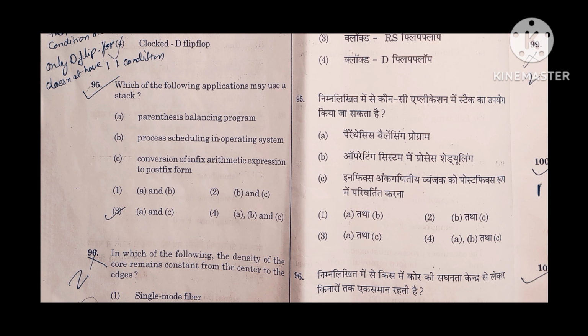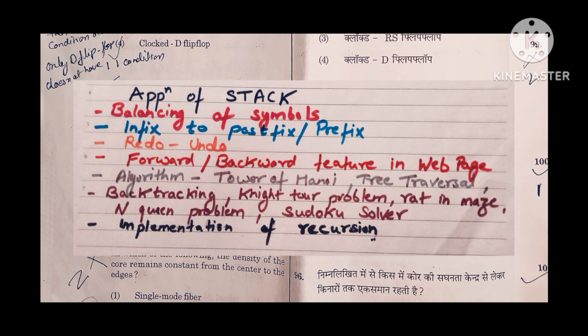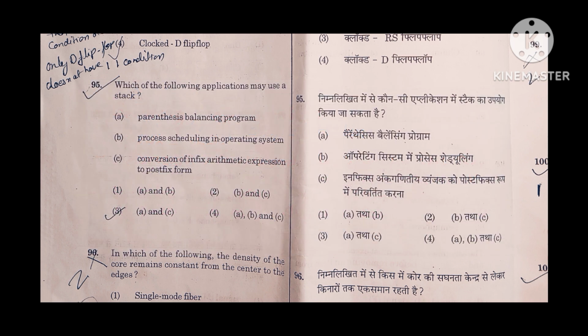Okay, so what we know, the applications of stacks are balancing of symbols, infix to postfix, prefix, redo, undo, forward backward features in web page, algorithms like Tower of Hanoi, tree traversal, backtracking, knight tour problem, rat in maze, and NQueen problem, Sudoku solver, implementation of a recursion. These are the applications of stacks.